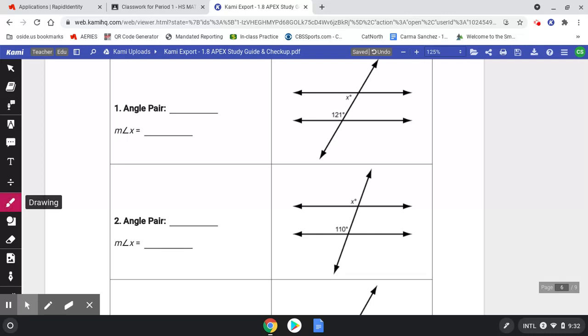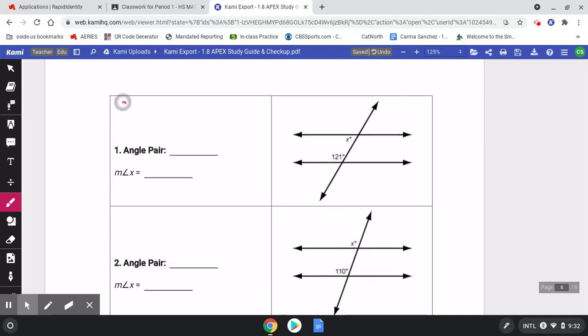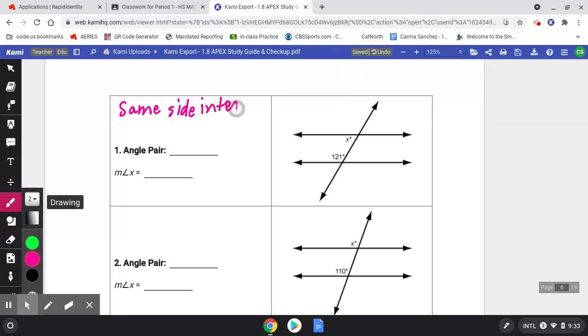All right, so looking at this first one, do you see how they are both on the same side of the transversal and they are both interior? So when we recognize what it is, you're going to type it out. You're going to say that these are same side interior angles and that they are supplementary. Okay, so the angle pair is x plus the 121.